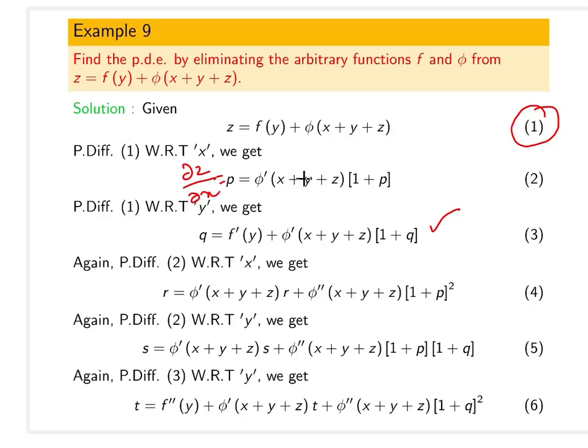Again differentiating equation number 2 with respect to x, we get dou square z divided by dou x square, denoted by r. Differentiating with respect to y, we get s, that is dou square z divided by dou x dou y. Equation number 3 is dou z divided by dou y. Differentiating again with respect to y, we get t, that is dou square z divided by dou y square.